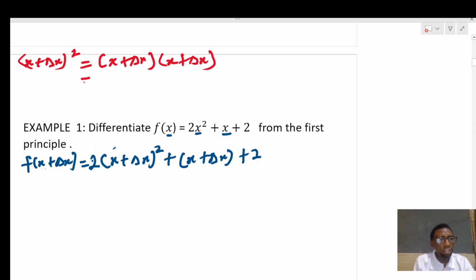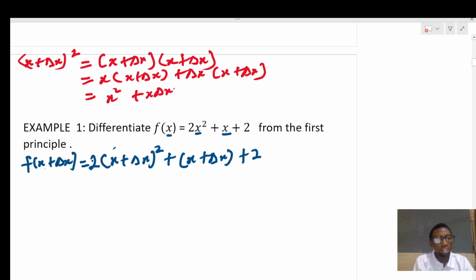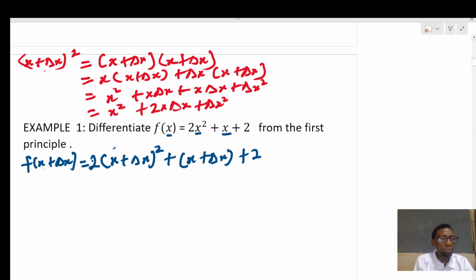If I expand this, it means x bracket x plus delta x plus delta x bracket x plus delta x. This is elementary expansion, and this will give us x squared plus x delta x plus x delta x plus delta x all squared, and this will give us x squared plus 2x delta x plus delta x all squared.